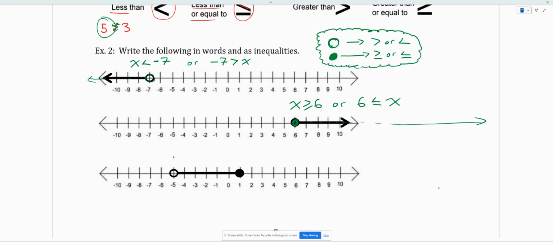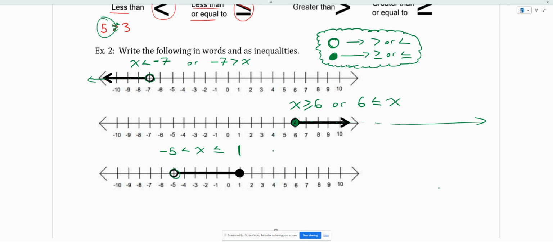Sometimes we get an interval, and in an interval, the best way to write that is to set up your boundaries. So your boundary here is at -5, and my other boundary is at 1. So I like to think, okay, now what do I write in between? Well, -5 is less than x. Again, we're using less than because of the open circle. And x is also less than or equal to 1.